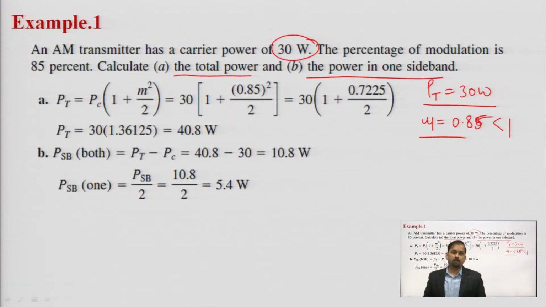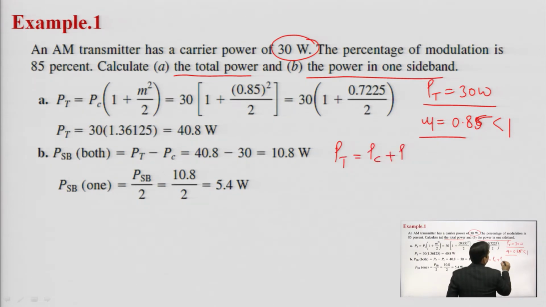We must remember that the total power PT consists of the carrier part plus the sideband part. In the sideband we have PC plus P upper sideband and P lower sideband.